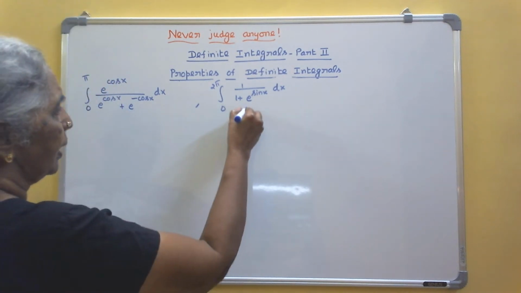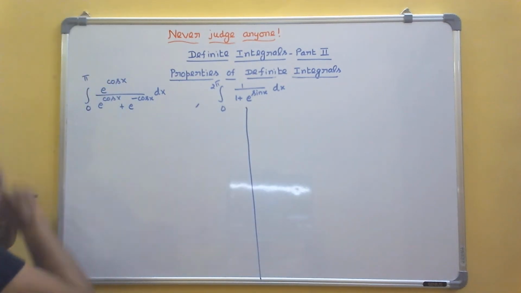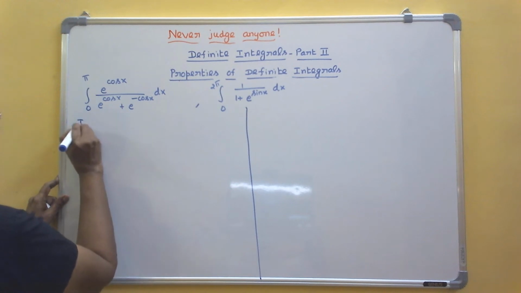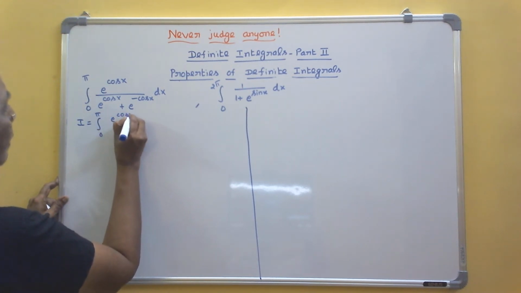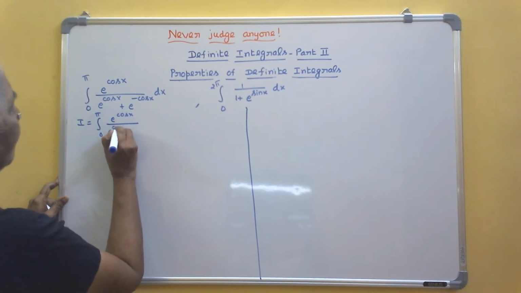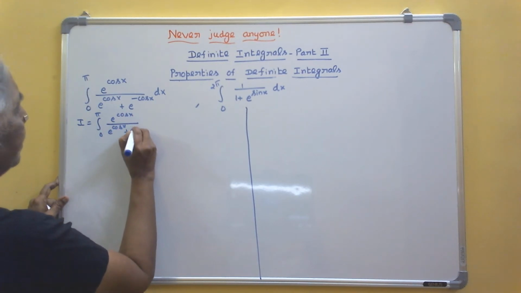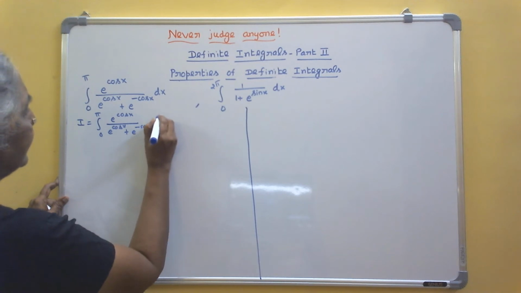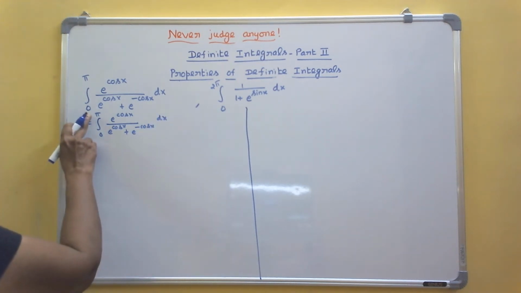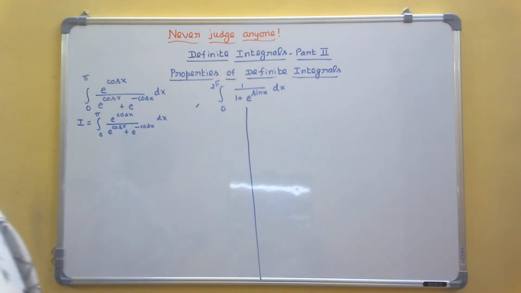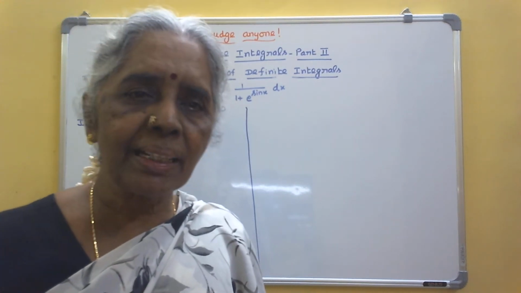Okay. So now let me take this sum first. Okay. So I is equal to integral 0 to pi e power cos x by e power cos x plus e power minus cos x dx. Now just think a bit. You have this limit as pi. What is cos of pi minus x?